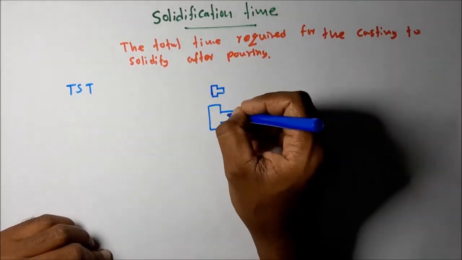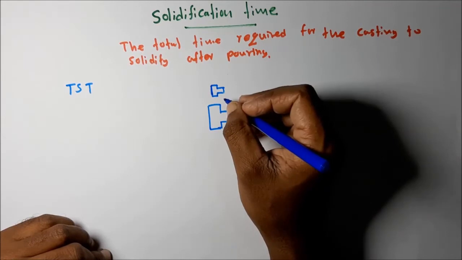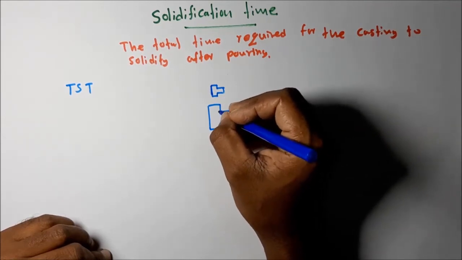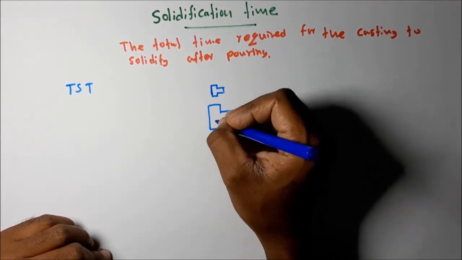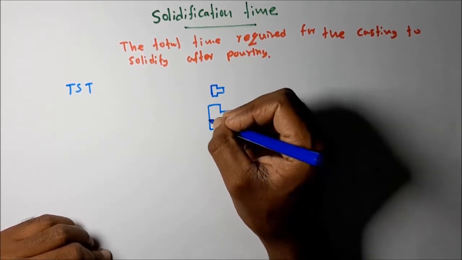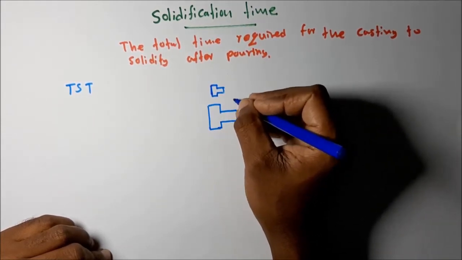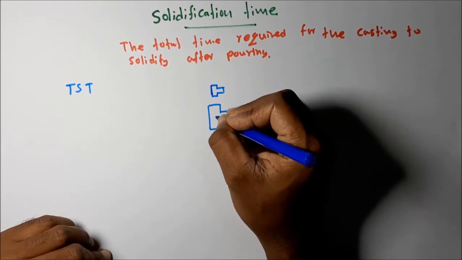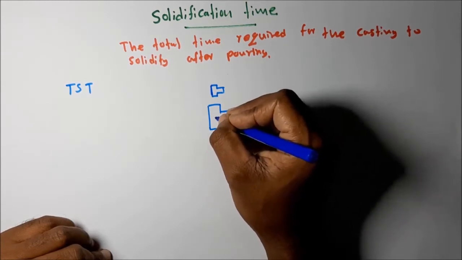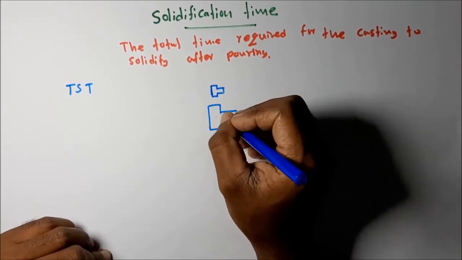If the volume is high, it takes a longer time to solidify, because it contains a higher amount of heat energy, and this internal heat has to be transferred over a larger distance through thick walls.